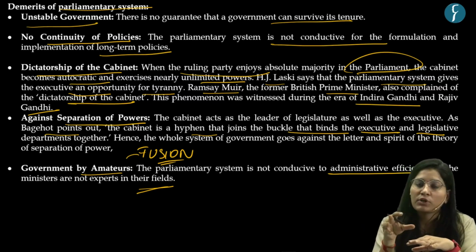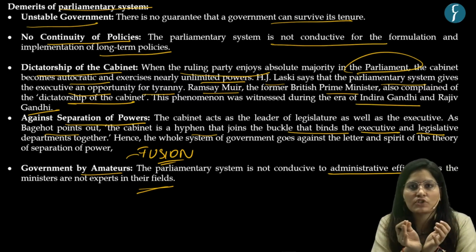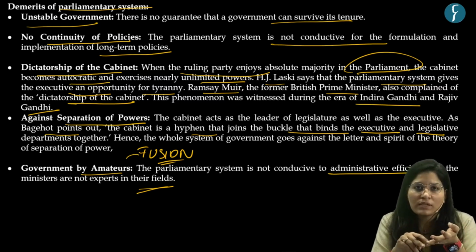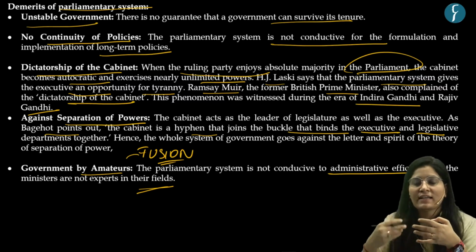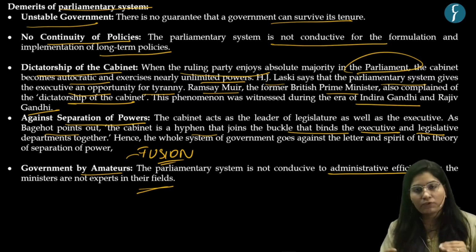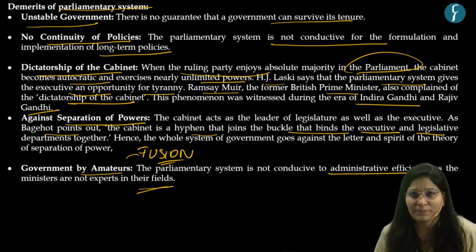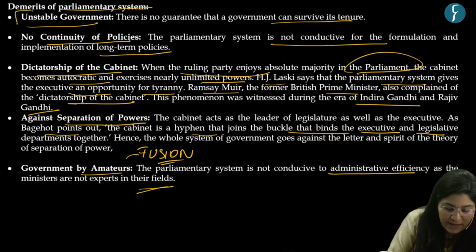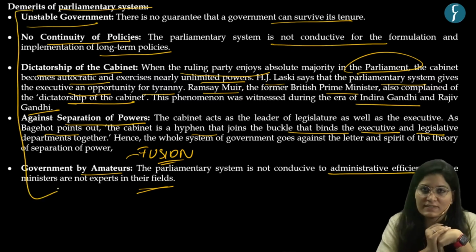It is bound to get the council of ministers from that limited section only. And these ministers are busy with parliamentary proceedings, party work, etc. And they are not experts in their respective fields, which is one of the challenges if you talk about administrative efficiency. And that is why the parliamentary system is not conducive to administrative efficiency. So these are the important demerits of the parliamentary system. Okay.